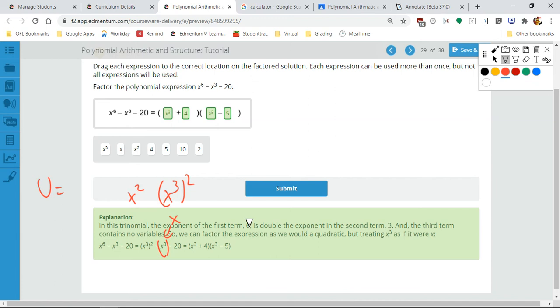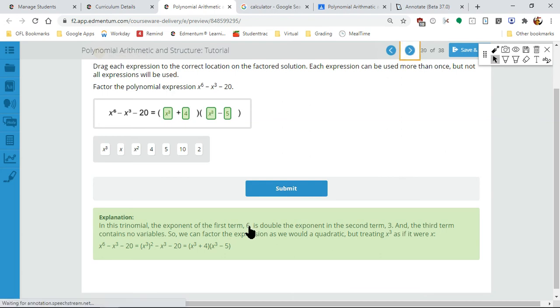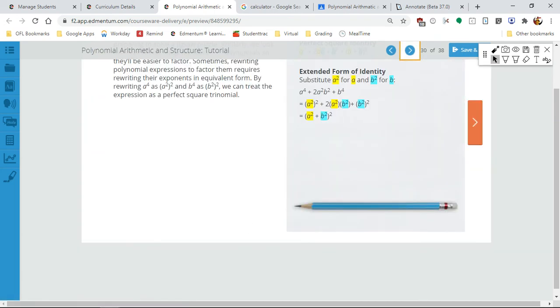They pretended that this U is an x cubed. So it would be U squared minus U minus 20, and then this is easy for a box method. So that's one way of thinking about it. I know I glimpsed over that fast. I'll see if it comes up later.